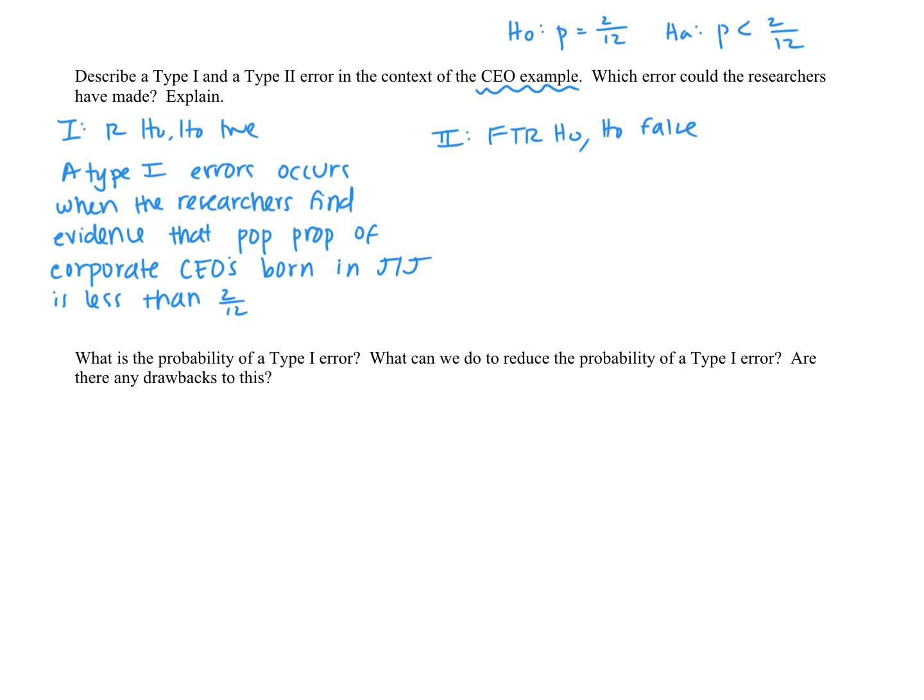So all we've done is the reject part. We still need to make this a mistake. So researchers find evidence that the population proportion of corporate CEOs born in June and July is less than 2 out of 12 when this is not the case. That's what makes it an error. We've just said they found evidence of something that's not true.